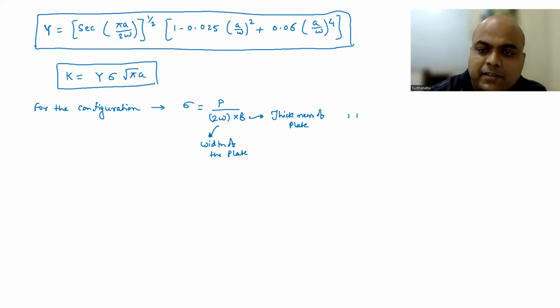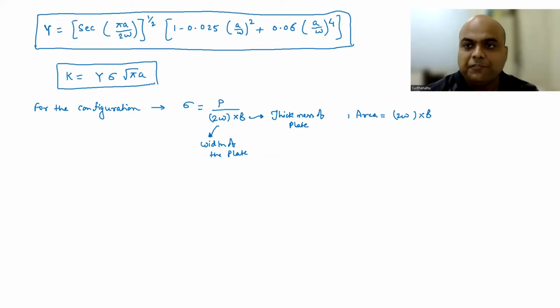That means area is 2W into B, so far field stress will be given by P by 2BW.